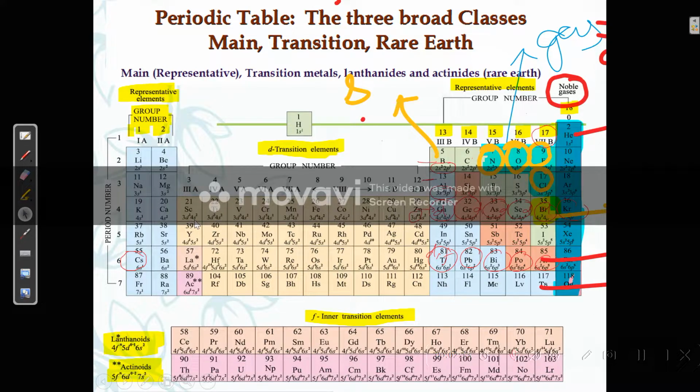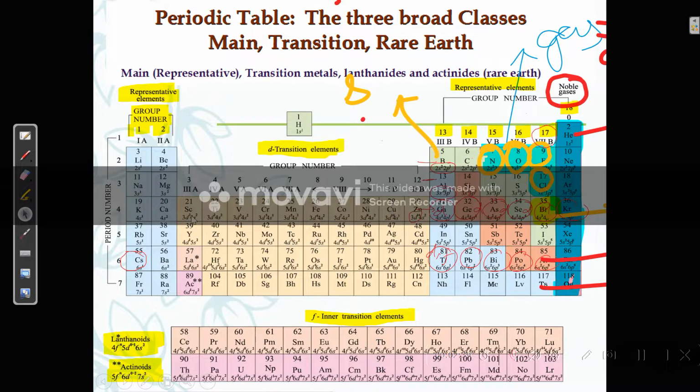Fourth shell is incomplete, but third shell is also incomplete. And third shell incomplete in terms of d orbital. So d block elements are called transition elements because the d orbital is partially filled, means the penultimate shell is partially filled. And now it is clear what is penultimate shell. The second outermost shell is called penultimate shell.